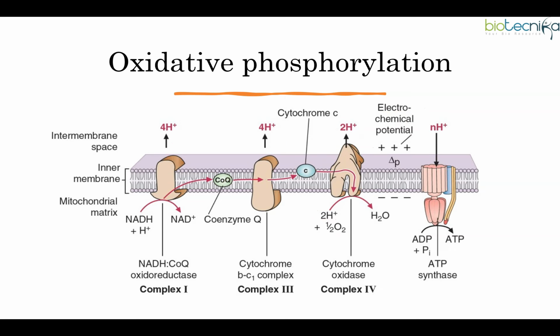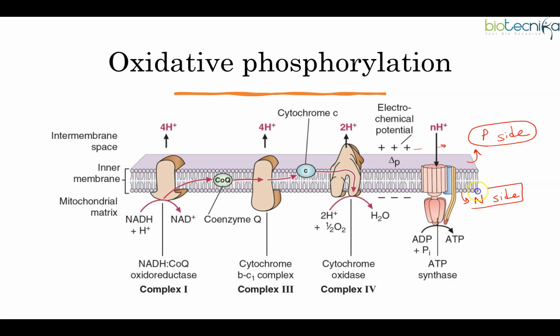Now this side, the intermembrane space of the inner mitochondria, will have an excess of positive charge, hence it is referred to as the P side. Whereas this matrix side, since it now has fewer H plus ions, is called the N side.